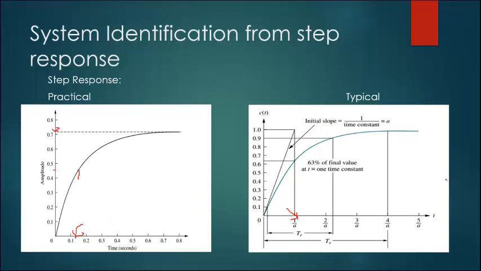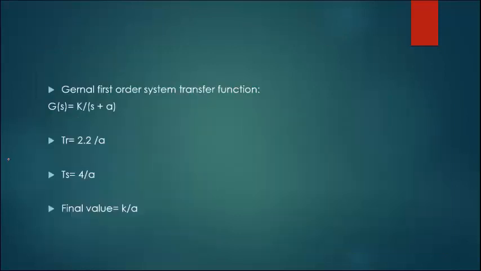And the rise time is the time required for the step response to go from 10% to 90%, which is from here to here. So we can take that time, and using this equation for t rise, we can calculate the a parameter, or the other equation, ts equals 4 over a.